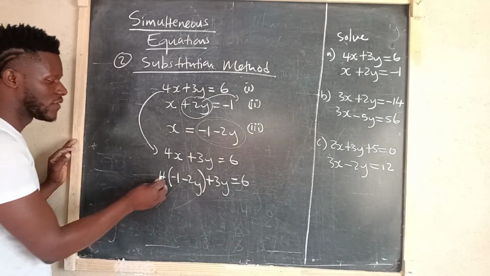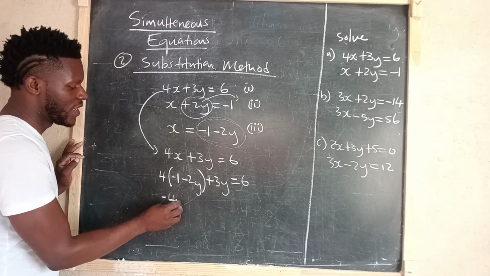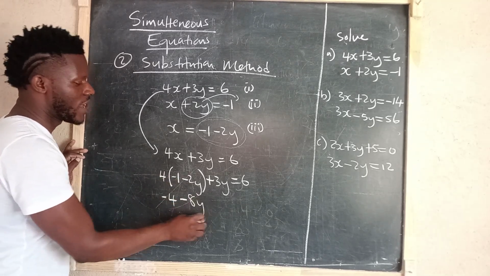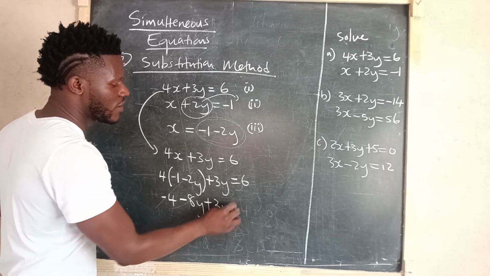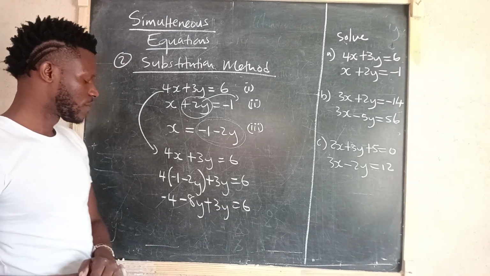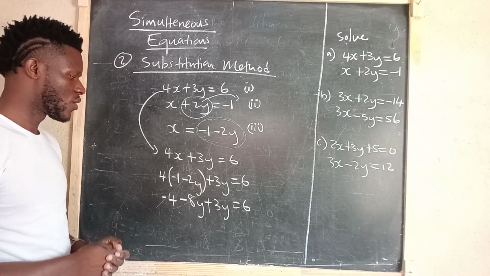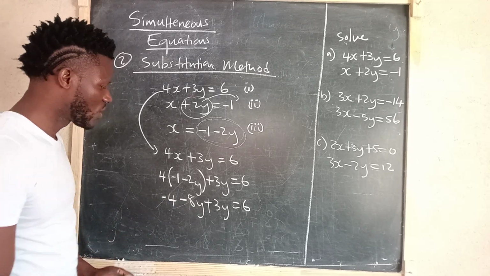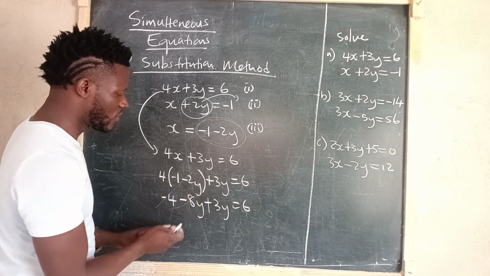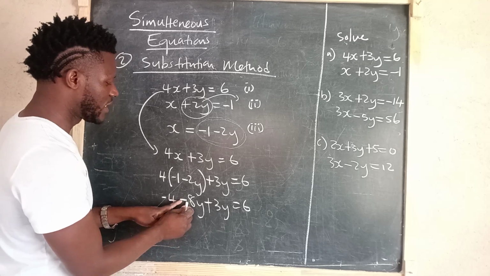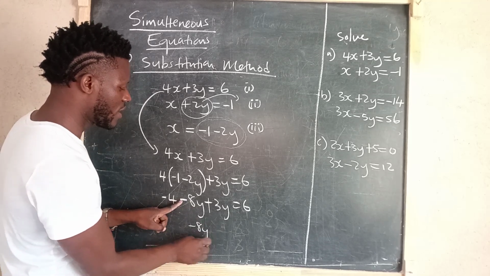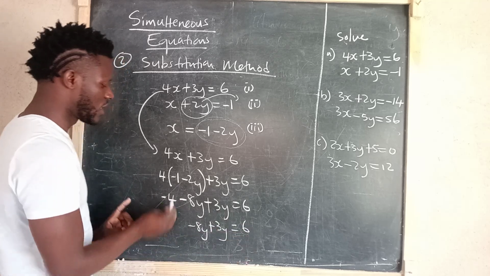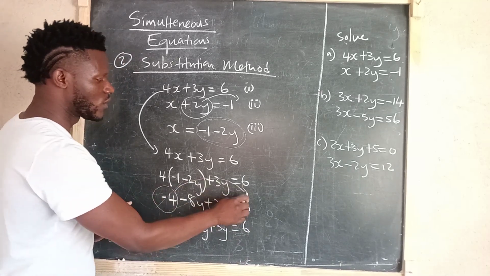Let's remove brackets. 4 times minus 1 is minus 4, 4 times minus 2y is minus 8y, plus 3y equals 6. And simple. Now we have a linear equation. Let's use the grouping method to solve the equation. So minus 8y plus 3y will remain on the left hand side, equals 6. Let's move minus 4 to the other side.